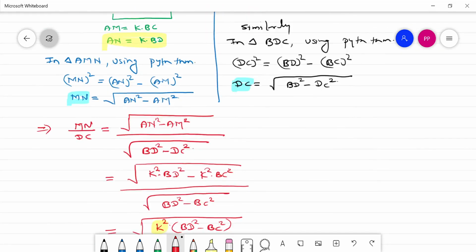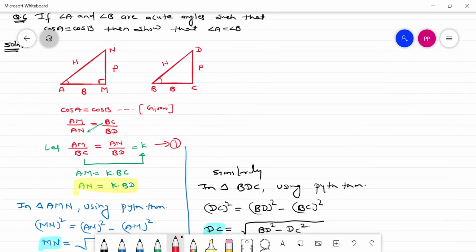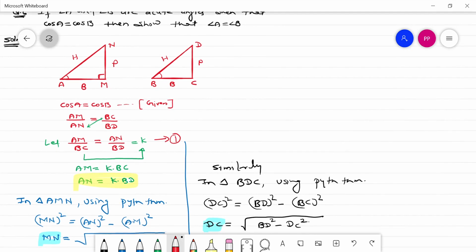So AM by BC is equal to AN by BD is equal to MN by DC.